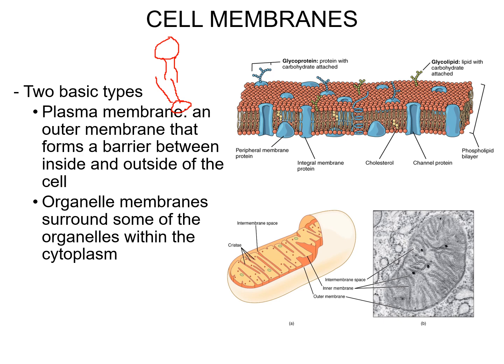So the fatty acid tails face in towards one another. And once again, that's really important because water and fat don't get along. So we're creating this kind of barrier to separate the water environment from the inside of the cell to the outside of the cell and vice versa.